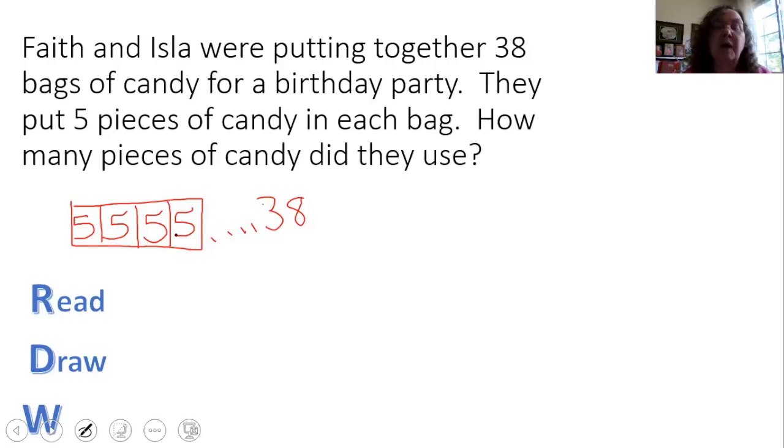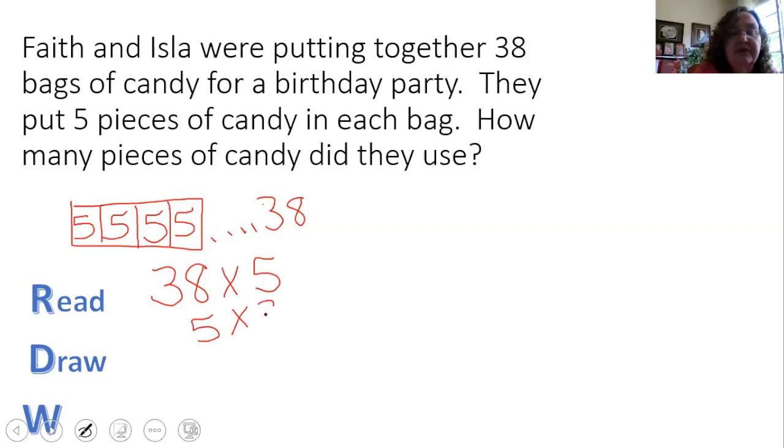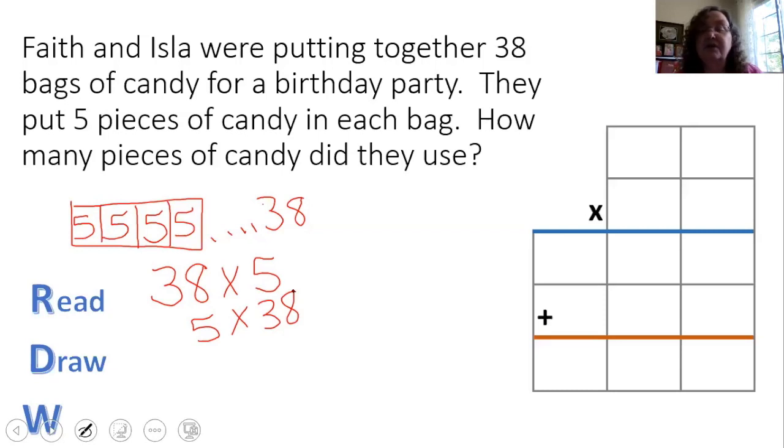So what multiplication sentence does this make you think about? I could say 38 groups of 5, or I could say 5 times 38. Okay, now let's solve it using our graphic organizer.